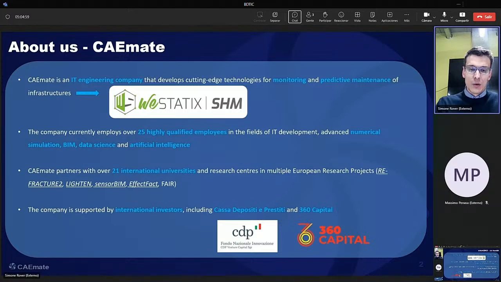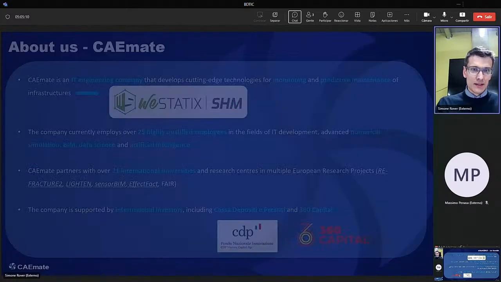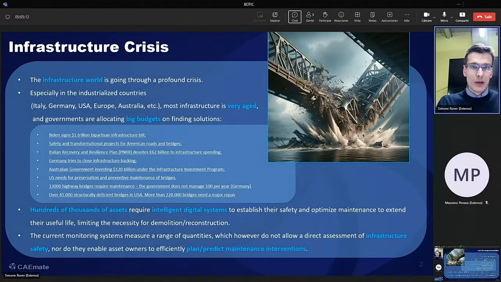But why are we focusing on this subject, the monitoring and predictive maintenance of infrastructure? Well, the problem is that we are facing a really big challenge.